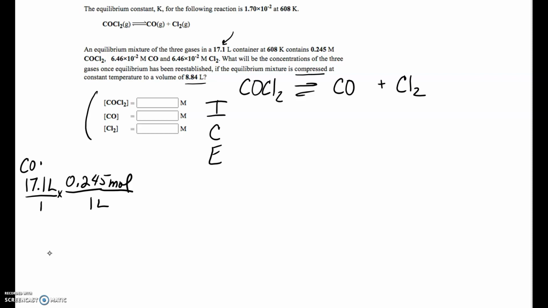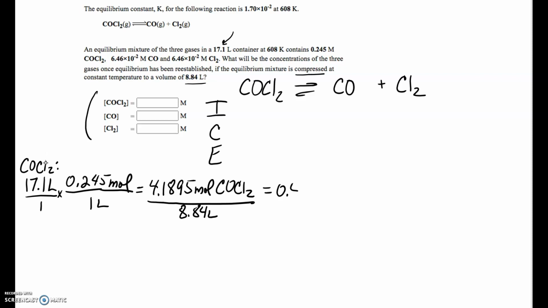It doesn't matter what size the container is, you're still going to have the same number of moles. You can think of this as number of particles, if that's easier than the term moles. Once we have the number of moles, we can divide it by the new volume, the 8.84 liters, and then that's mole per liter, and we're once again in molarity, and that's our new initial concentration.